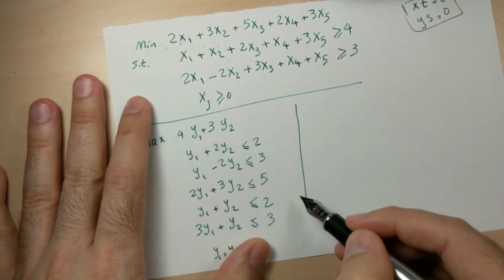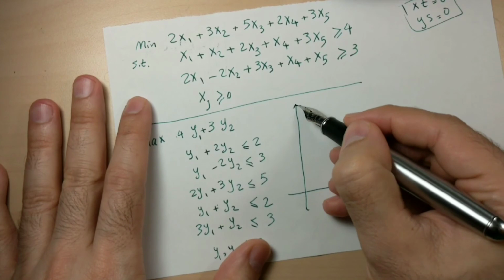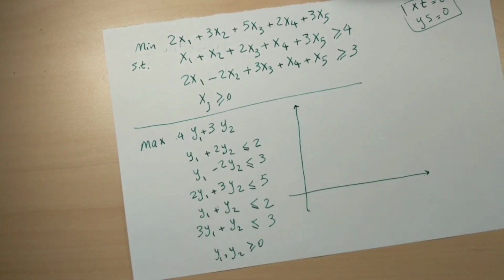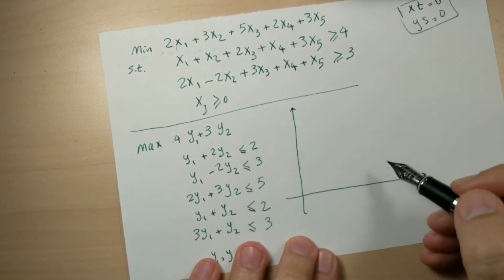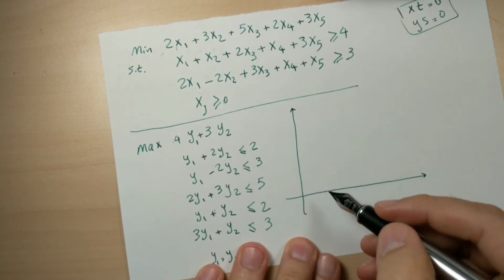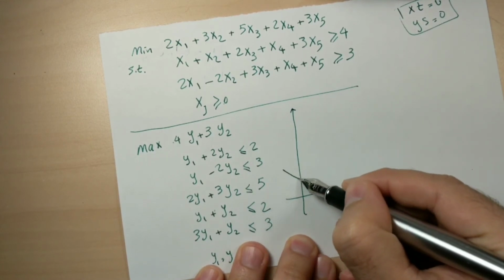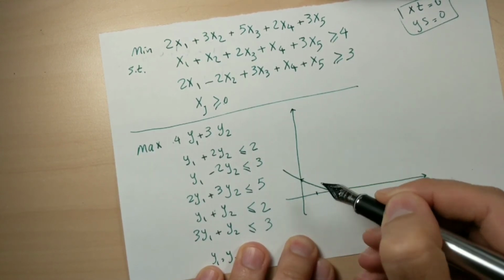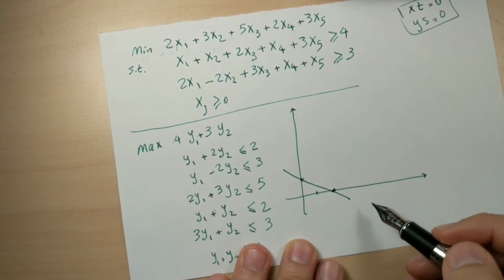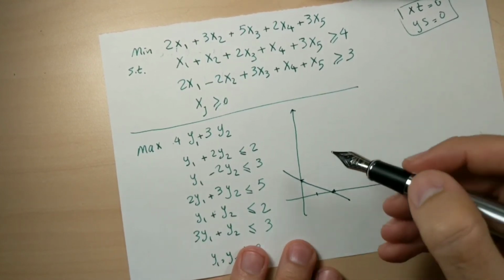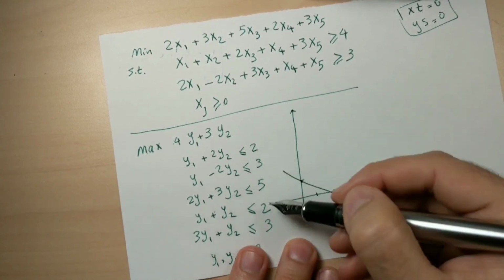Let's draw the graph of this problem. y1 plus 2y2 equals 2. y1 minus 2y2 equals 3. We have 5 constraints here.